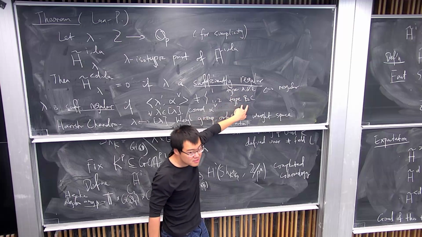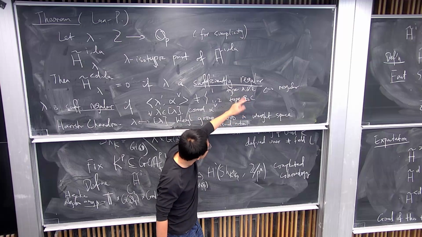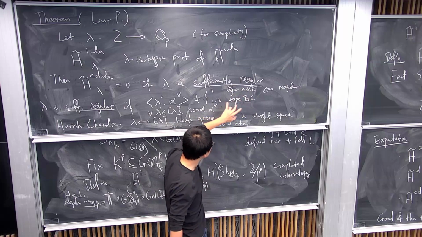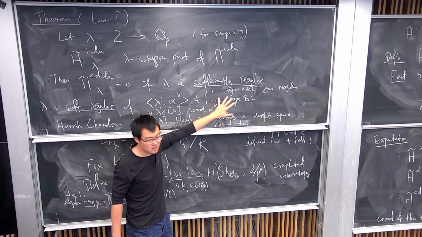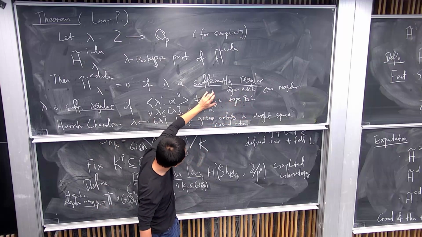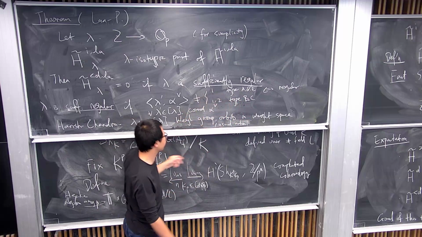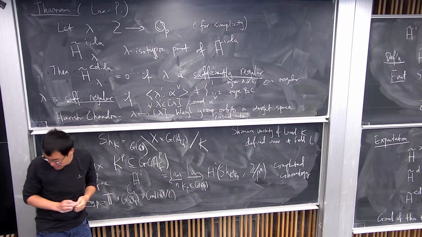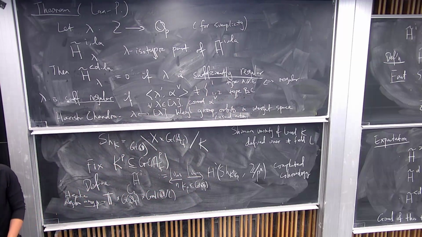I don't think it should be that essential, but in type BC you have long roots and short roots, and somehow you have this extra possibility. That's just the limit of our method at the moment. That's the statement of our results.